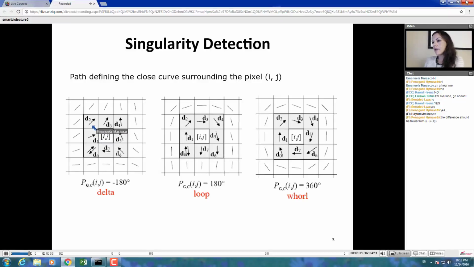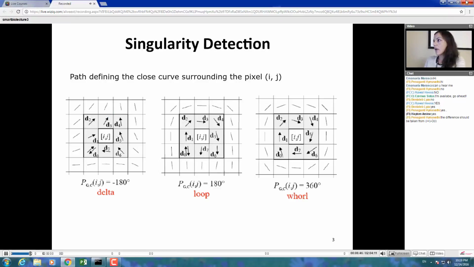And then we compute step by step the difference of adjacent pixels. Let's say the orientation in V2, which can be maybe 45, the orientation in V3 is 360, and then we do the difference. Right? If this difference is, for example, minus 170, we will be here.